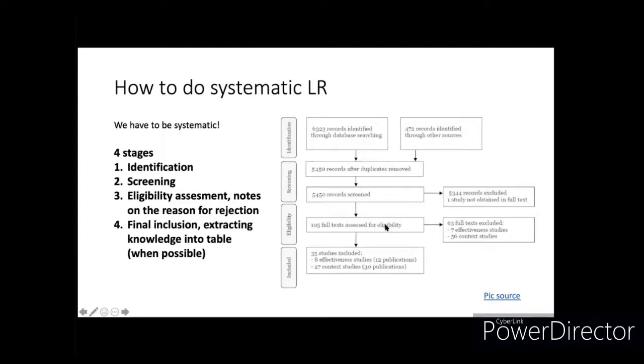And here it's getting more serious, because we have to skim through the papers. What we want is to get the least amount of papers possible to this eligibility stage, so we don't have to read them. In this eligibility stage, we have to skim through the papers and look at the methods they use.